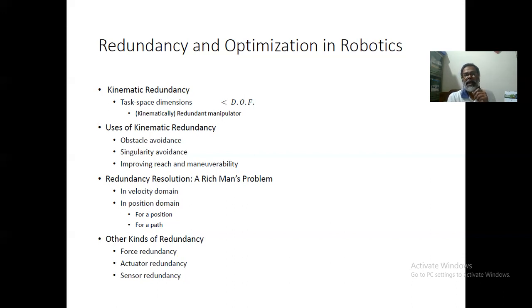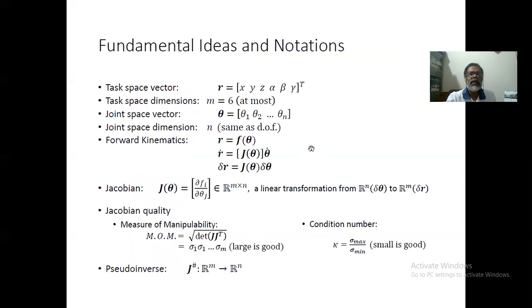Besides that, it will give you an inbuilt error correction mechanism. It is like having 8 equations in 6 unknowns, 8 consistent equations or almost consistent equations up to the experimental errors. That is called sensor redundancy. So fine, let us see how it works. From this point onwards, we will be discussing kinematic redundancy.